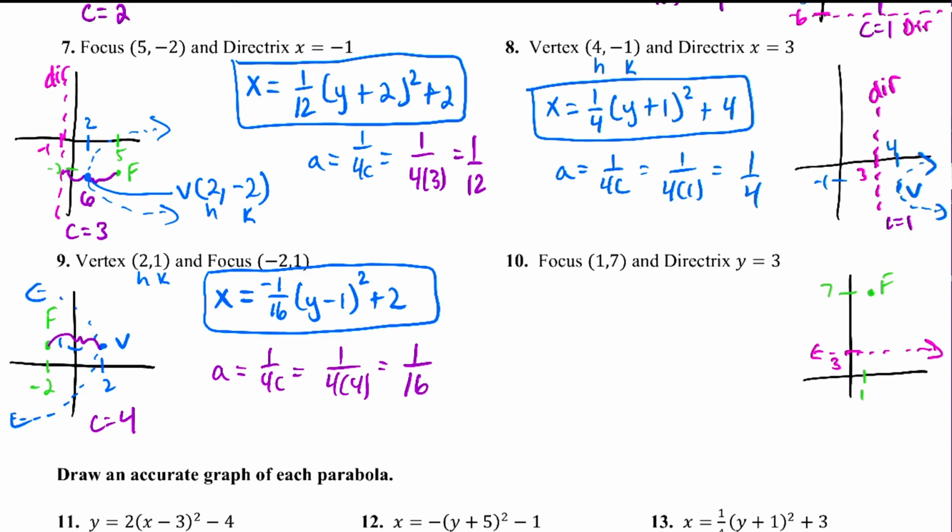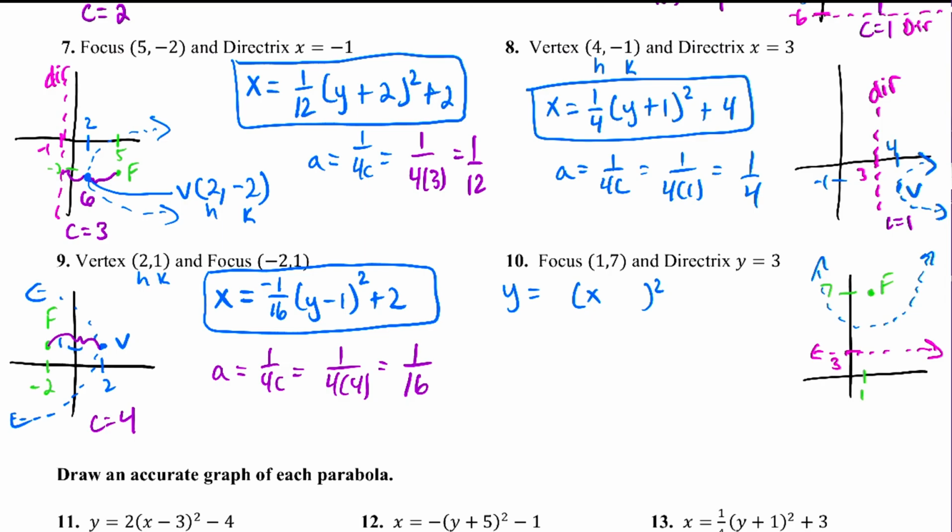And then that means that my U shape has to be opening up so that my focus is inside of it and it's opening away from the directrix. So I know right now that it's going to be y equals, and then I'll have to figure out the h, the k, and the a.